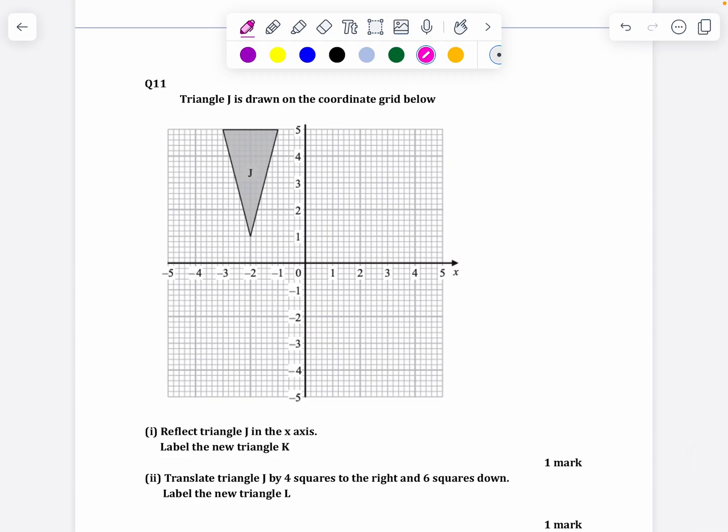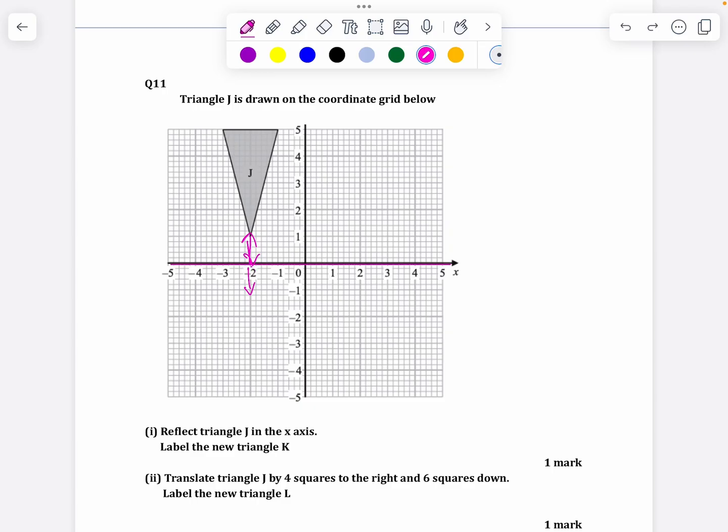Okay, so reflect triangle J in the x-axis. The x-axis is here. So remember, it's just a flip from here to here. So we're just flipping it in the x-axis. And so make sure it's the same distance apart from the x-axis. So you would expect it to be 1 as well.